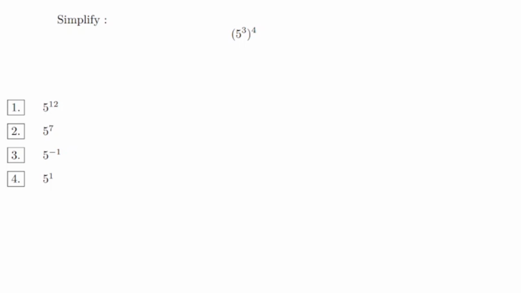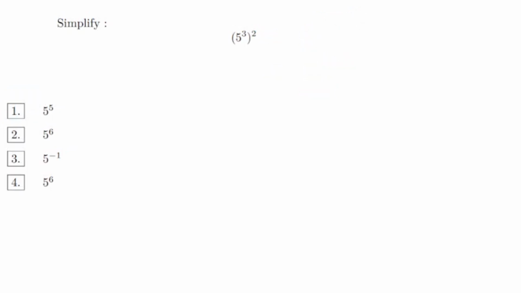To work out exponents in this situation, you just simply multiply the exponents. So you would do 5 raised to the power 3 times 4, and this is the same as 5 raised to the power 12. Okay, and so the correct answer is 5 raised to the power 12.